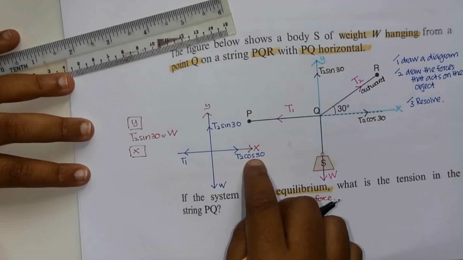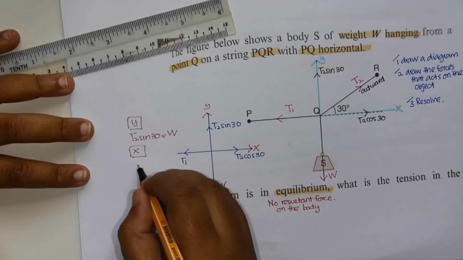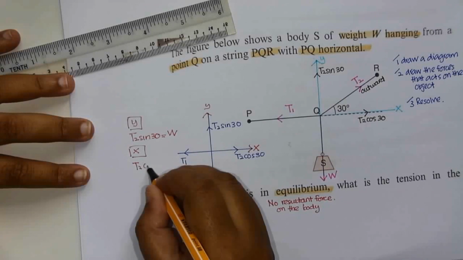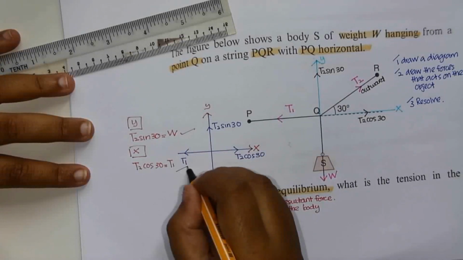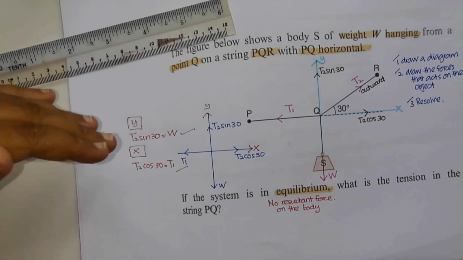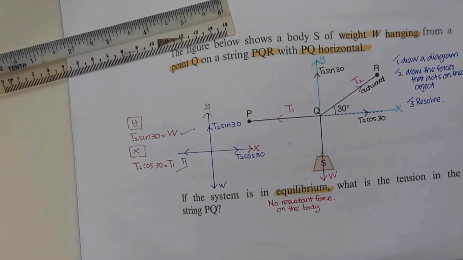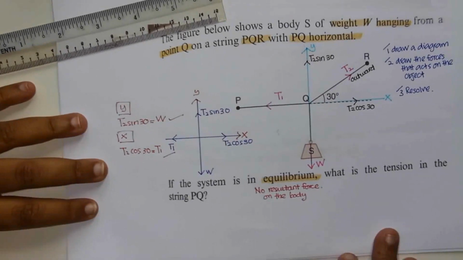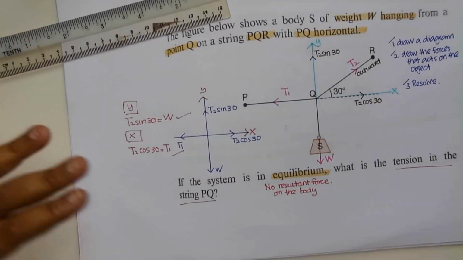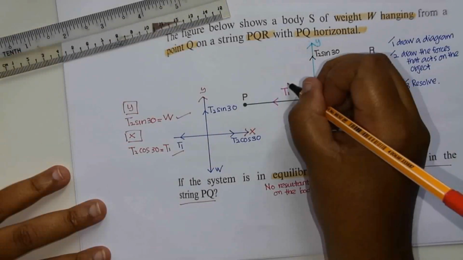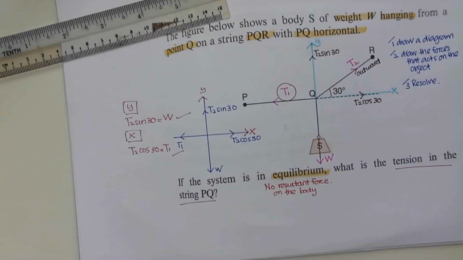Left force equals right force, so we get T2 cos 30 equals T1. This is physics, after we apply the condition of equilibrium of a particle. Now they ask us to find the tension in the string PQ, which is T1, so we can find T1.